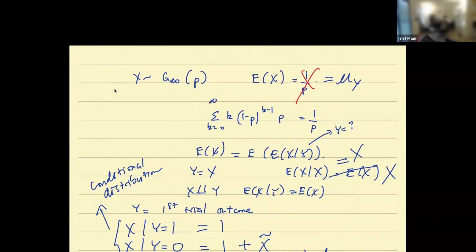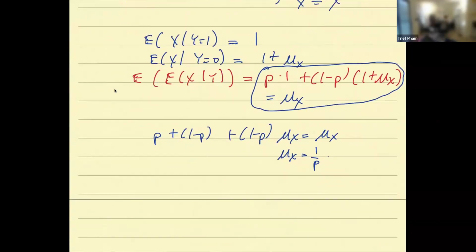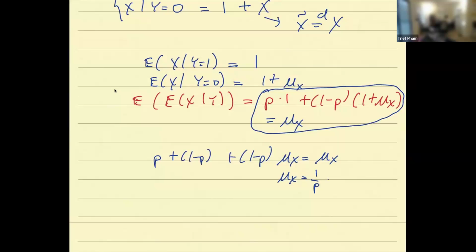But the geometric is not the hardest thing in the world. There are much harder questions, like finding the number of tosses until you get 2 consecutive heads, or head, tail, that kind of thing. Those are questions that require analysis of this type, finding the right random variable to condition on. But anyway, this is just a demonstration of the use of the law of total expectation.